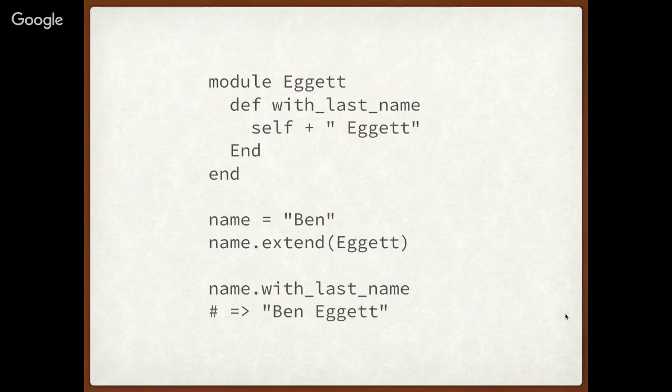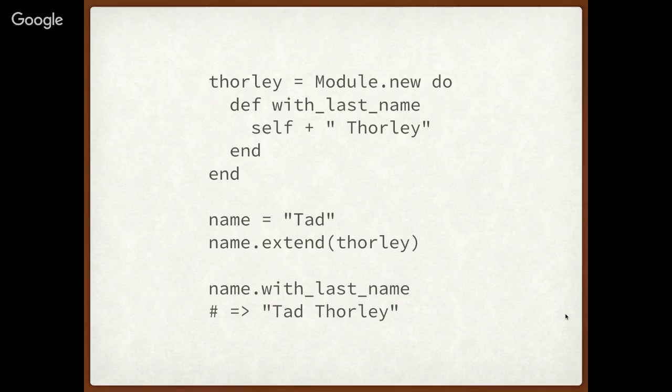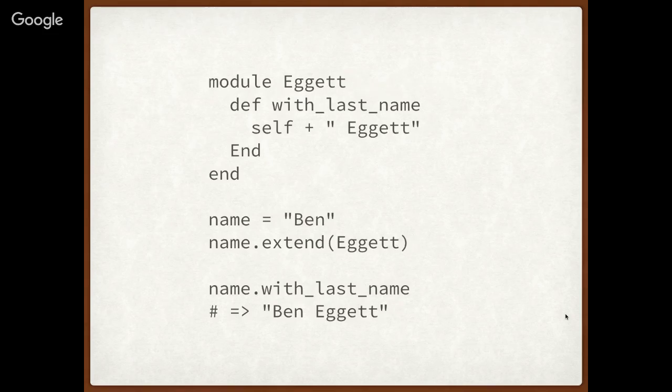That's true. This one is anonymous, this one is not, right? Because you're doing the assignment on Module.new. Right. So if later on I try to do something with Egget, it will be like, oh no, that's a constant. Don't do that. Don't even try. Why are you messing with Egget? Don't do it, you're wasting your time. Yeah, baby.